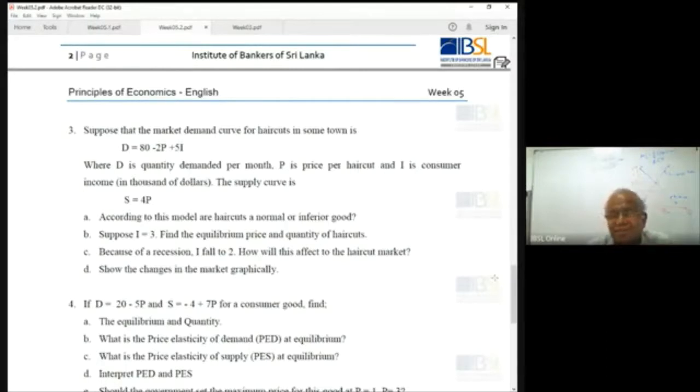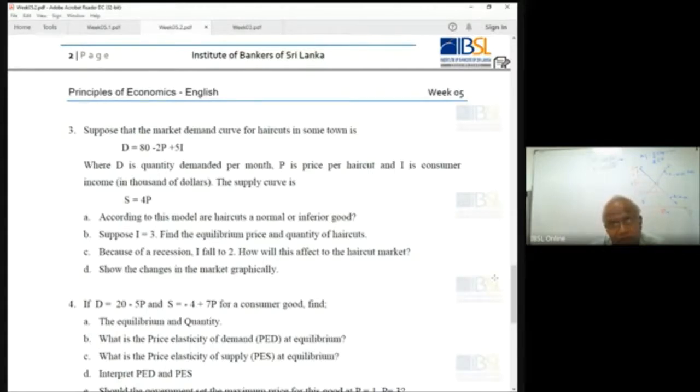So when income increases, demand increases. That is the meaning of the plus sign. Therefore, according to this demand curve, haircut is a normal good. There's a positive relationship between income and demand.